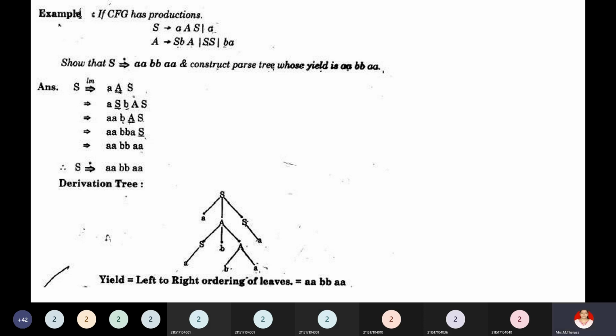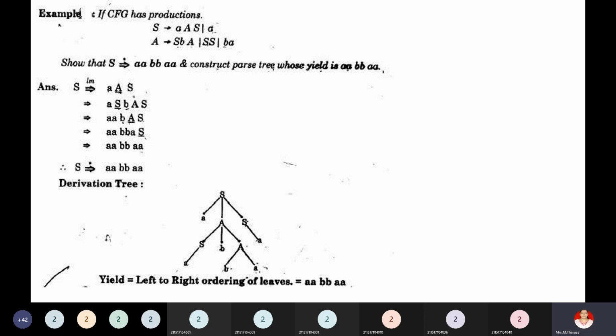Okay. You need to derive the string and you need to construct a derivation tree. So convert this leftmost derivation to a tree where S is the root, and this S is replaced by AAS, and this A is replaced by SbA, and this S is replaced by a, and this A is replaced by ba.